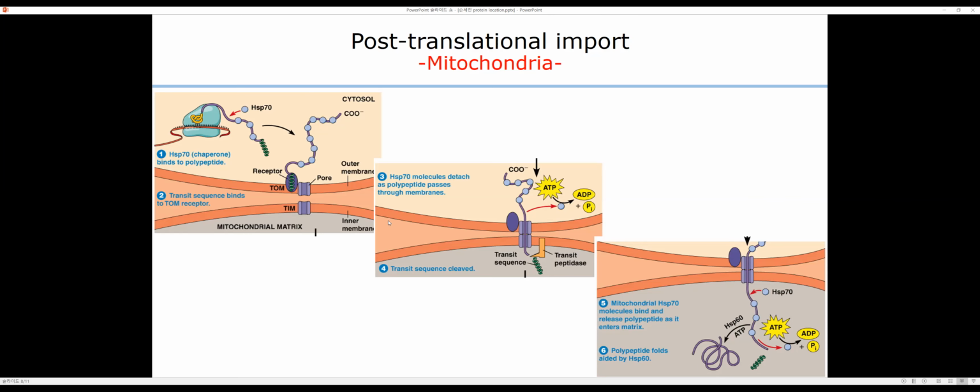If the channel is here, not connecting these two membranes together, then this protein can go through and be secreted into this space. This is the intermembrane space. That would also be possible, because all the sides here have different kinds of proteins.